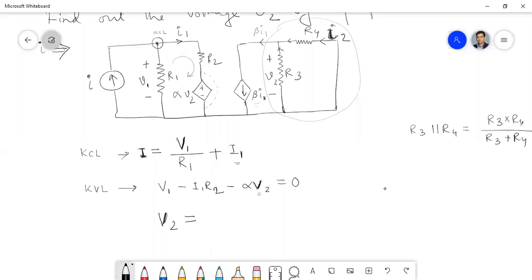So how you will get these two currents? V2 by R3 এর একটা কারেন্ট হবে আর একটা I2. V2 by R3 plus I2 equals to beta I1.